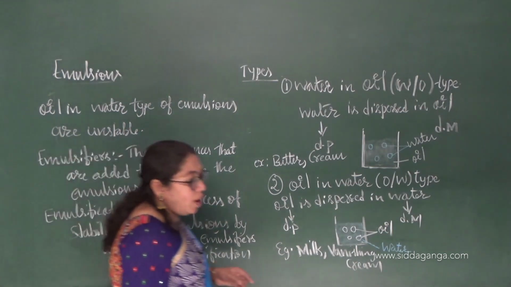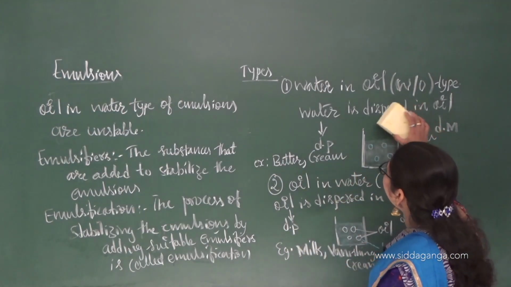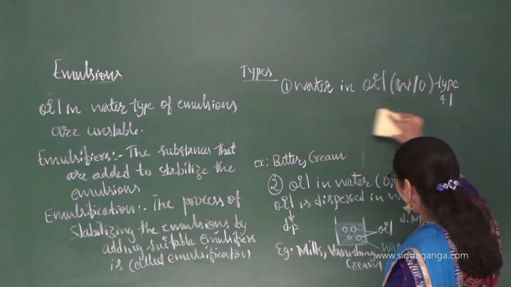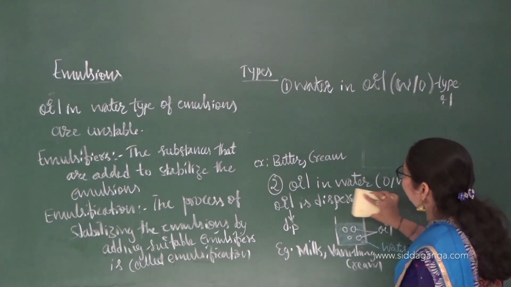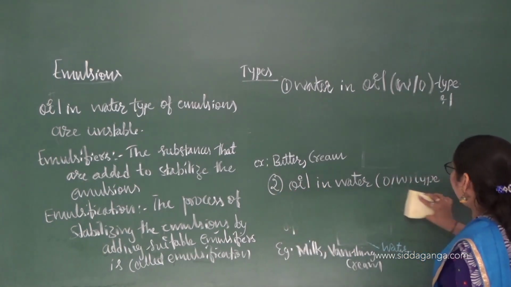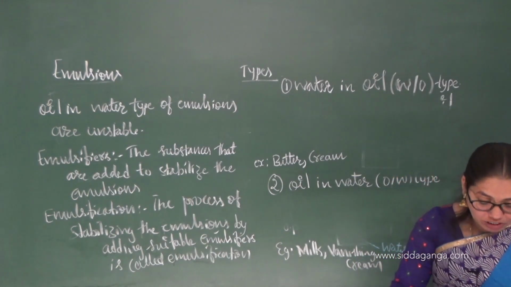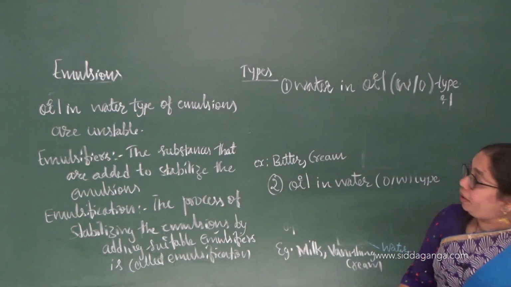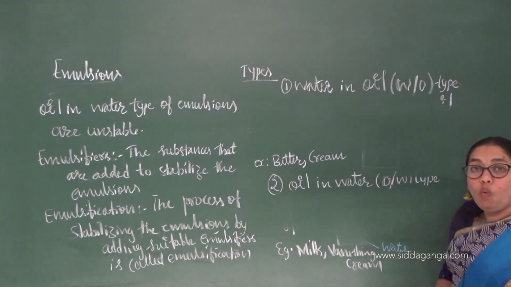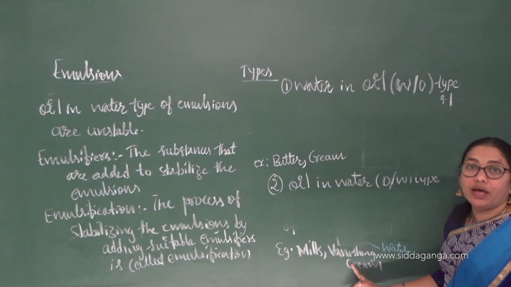Let us see the emulsifying reagents for water in oil type as well as oil in water type. I think you note down all these things. Let us see the first one, oil in water type. The examples I have given are milk and vanishing cream.